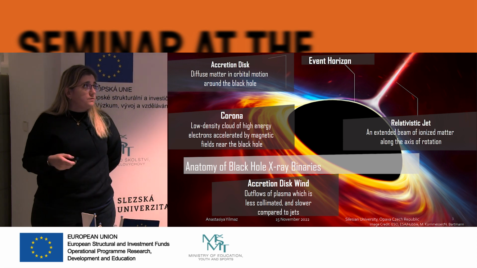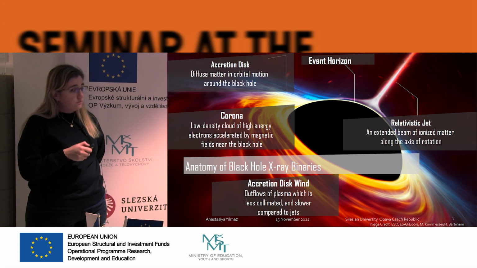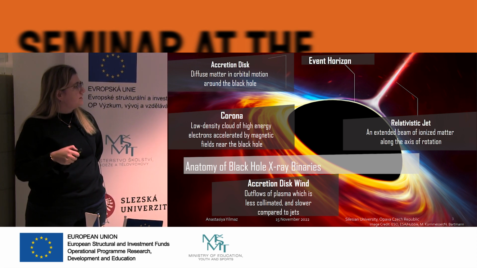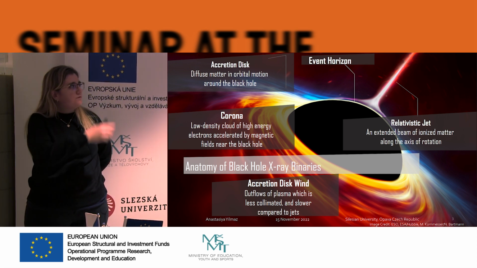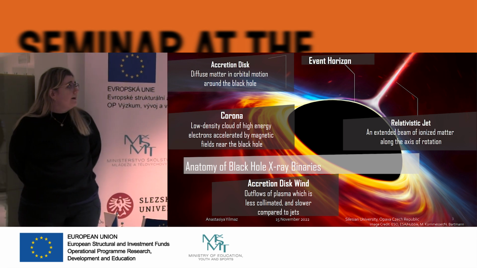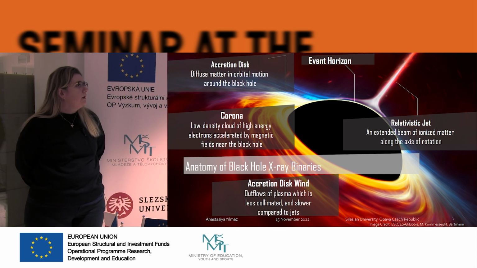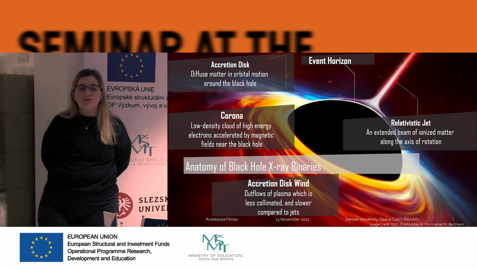I also have a little bit of sketching to define the components of a black hole X-ray binary. We have the accretion disk, which is going to be the main topic of my talk today. As we know, we have the event horizon. We also have the corona structure, which is kind of just a low density cloud of high energy electrons.